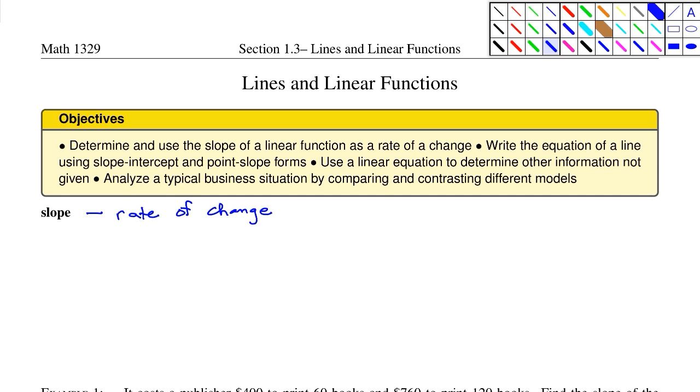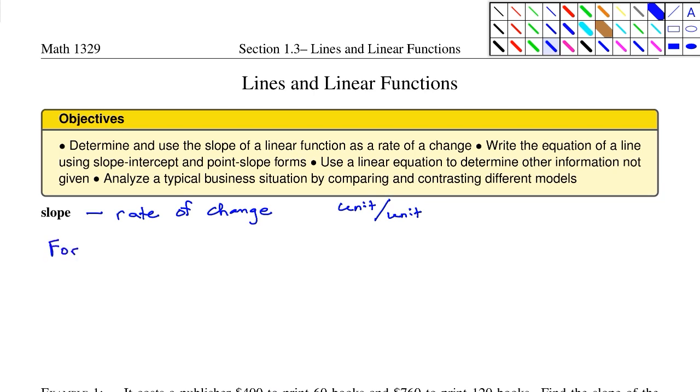So whenever you have this unit per another unit, that's a good indication that what you have is a slope. Now, there could be some other units, but that's really the key indicator for us: this unit divided by unit.